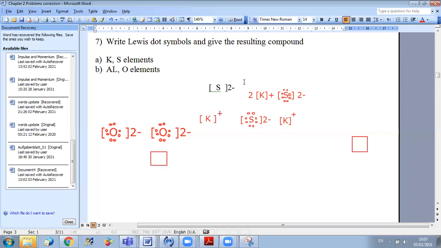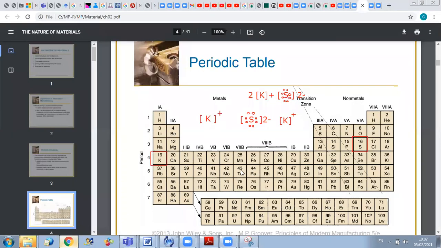Okay, well. So now for the Al and O elements, we also go to the periodic table and see the groups of the elements involved. Aluminum is in group 3, so it tends to give Al3+, and the oxygen atom, which is in group 6, tends to gain 2 electrons.